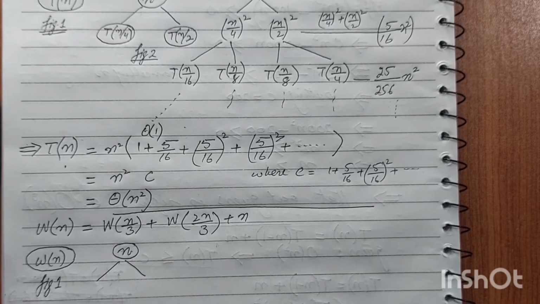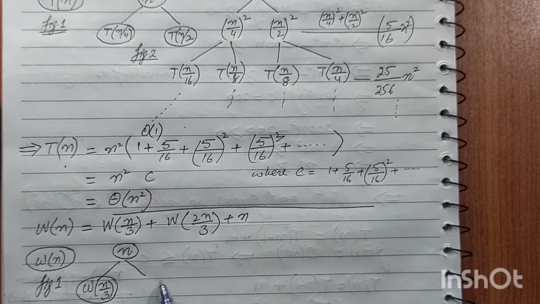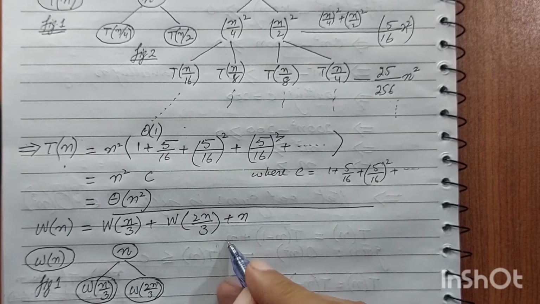So w of n by 3, w of 2n by 3. So let's call it figure 2. Converting it into figure 3.